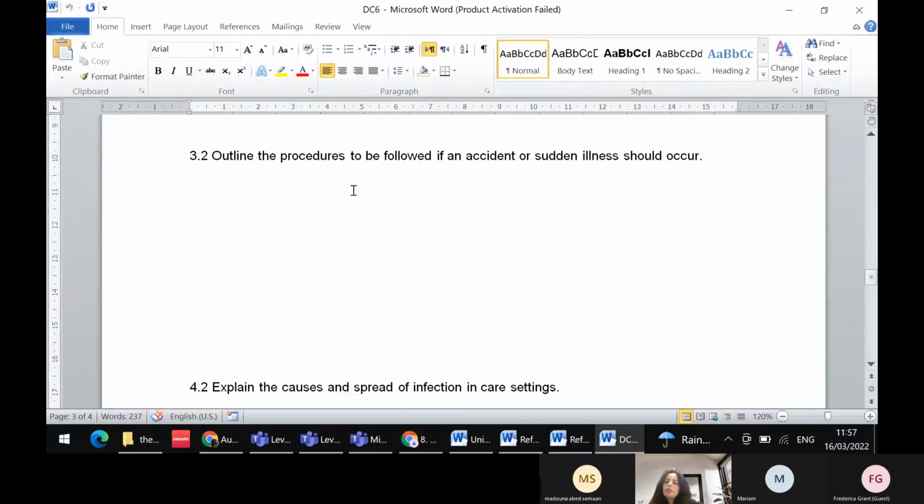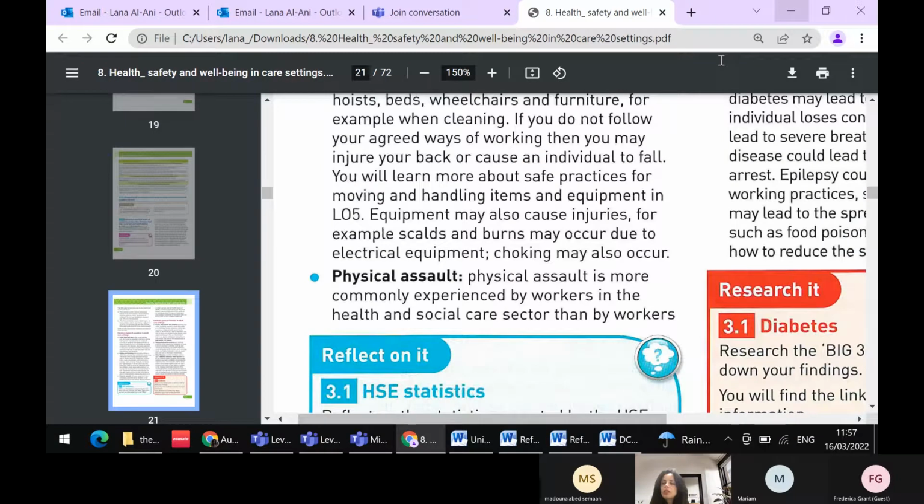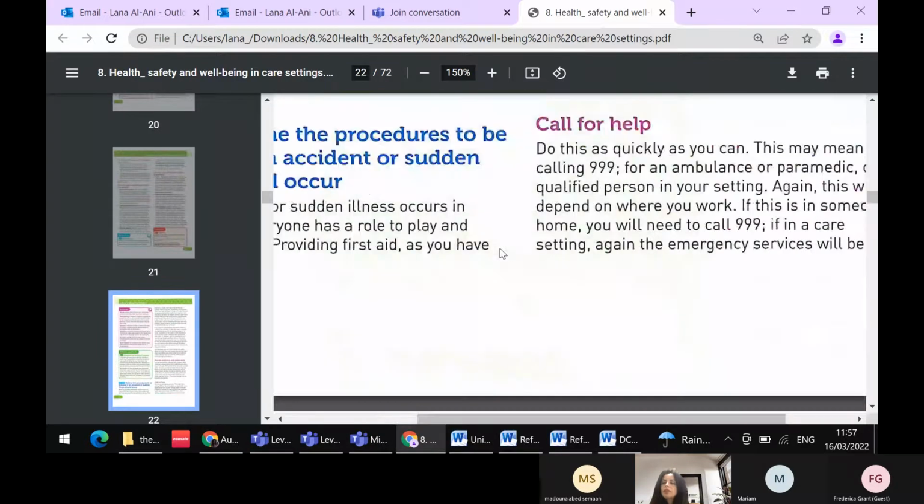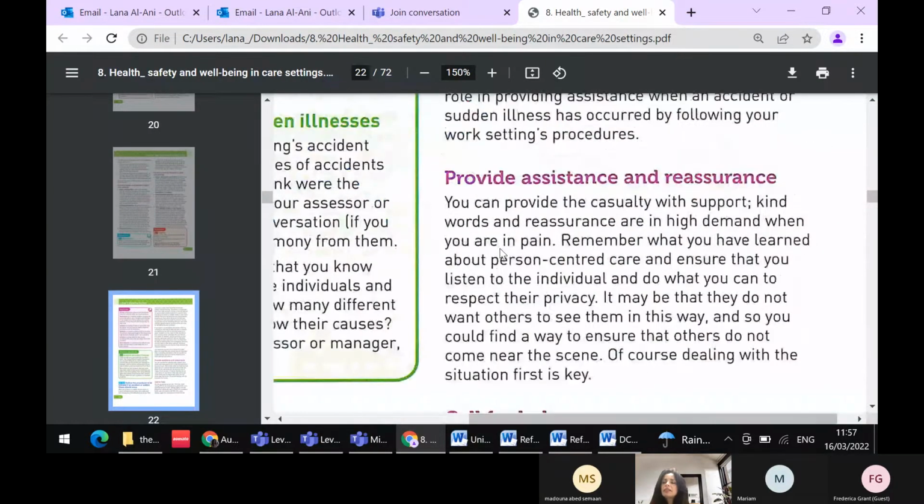Now outline the procedure to be followed if an accident or sudden illness should occur. So what's the procedure to follow? Which question is that? 3.2. Can you think about something you would do if there is any accident?